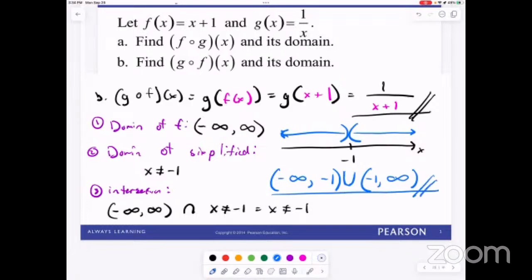So then that should be the domain for B. To recap, first we find the domain of the inside function, then we find the domain of the simplified function, and then we take the intersection of those two sets.